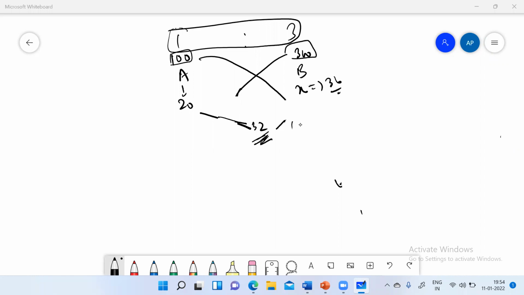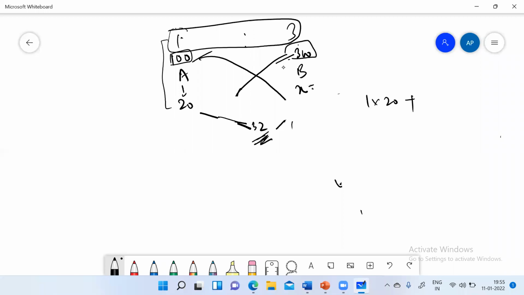Which method, Suchismita? Which I was doing in a normal average way. Yes, sir, the normal numerical way, I think so. So in the normal numerical way, I took the average of B as x, and there were 100 members and 300 members of A and B. So I just took 1 and 3. The total value of A is 1 into 20.